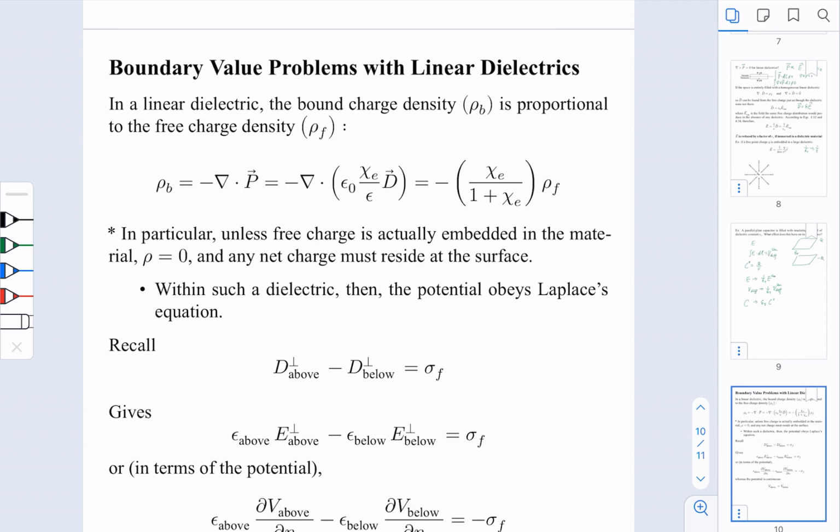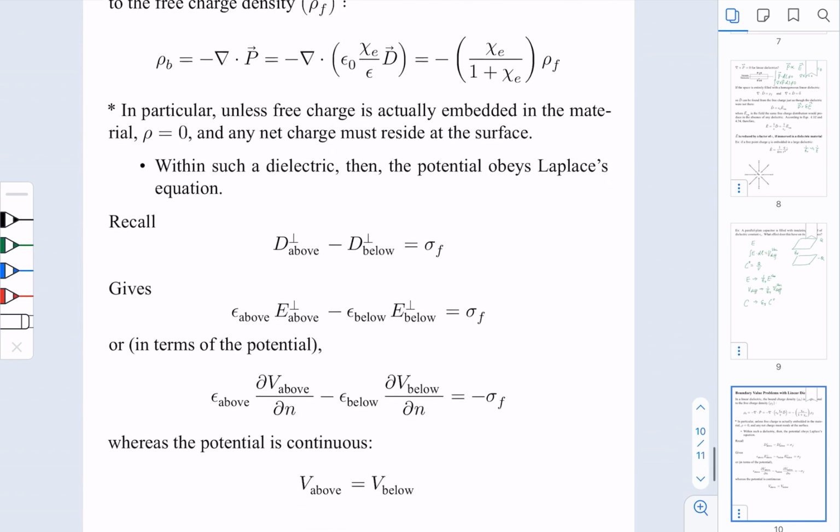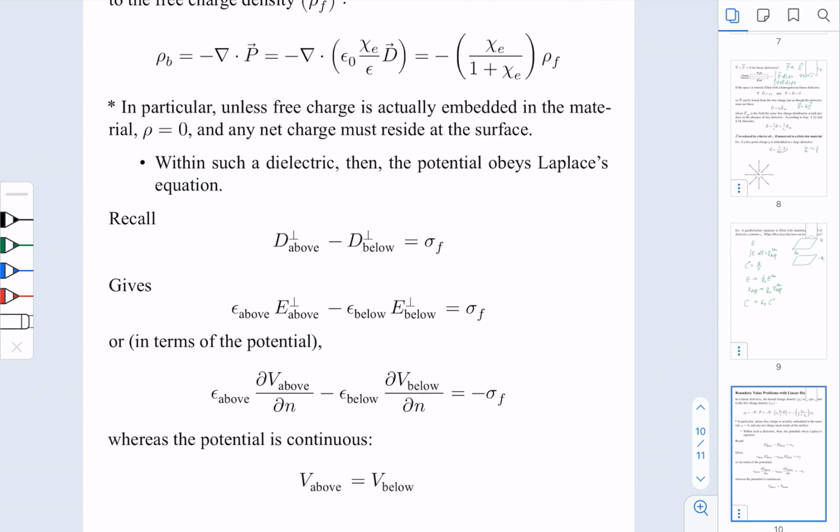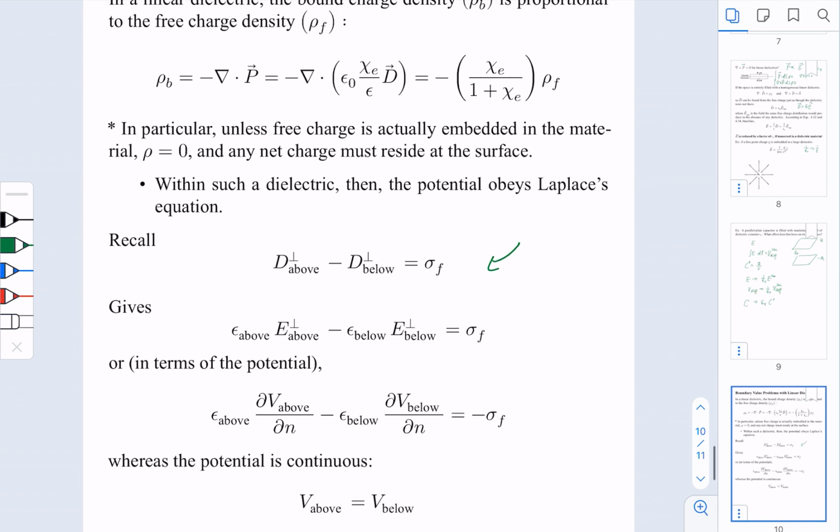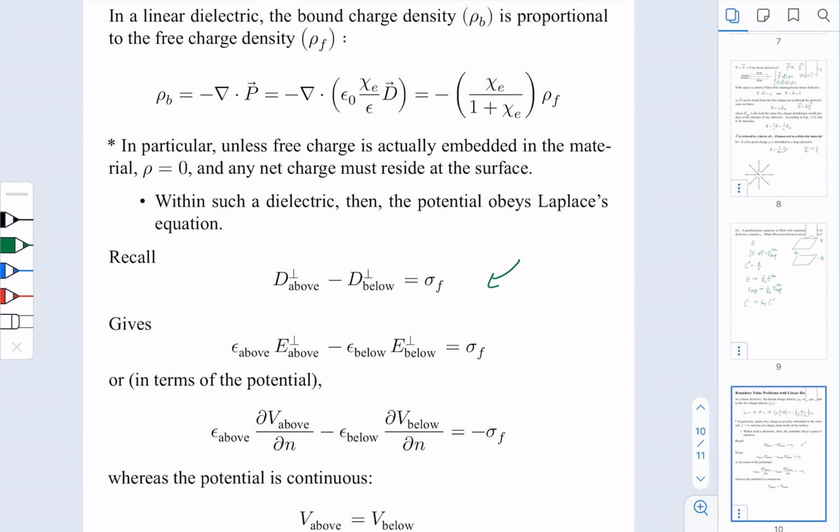Okay, so we discussed the boundary conditions with the D fields before. This was something that we just derived earlier. Now what we want to see is what this means for linear dielectric material.